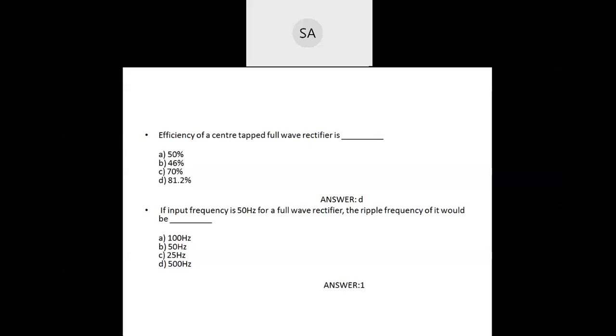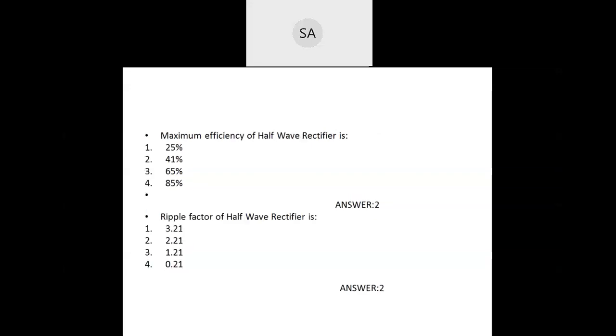In the half wave rectifier the ripple frequency is f only, whereas in the full wave rectifier it is 2f. So if the input frequency is 50 Hz, then the ripple frequency is 2 into 50, which is 100 Hz. So the answer is 100.